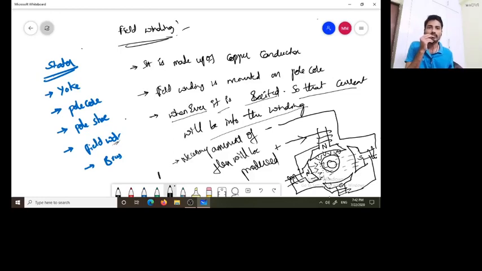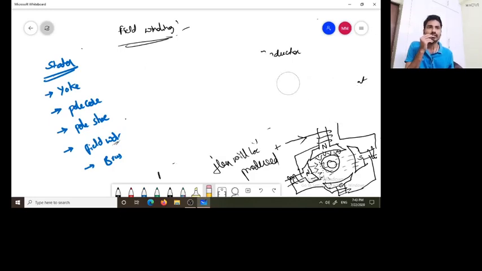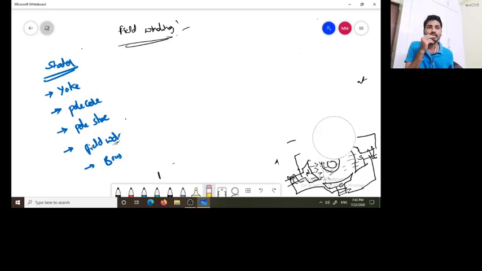And the last important point in the case of the stator is the brushes. Now we'll see about brushes. Brushes are placed on the rotor, but why are they placed in the stator part? I already told that brushes are mounted on the commutator segments.